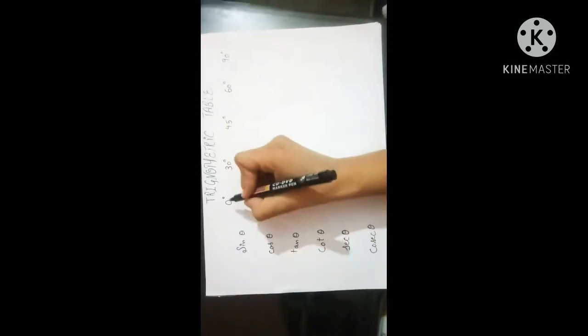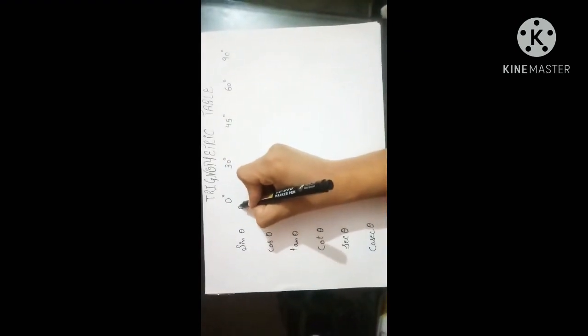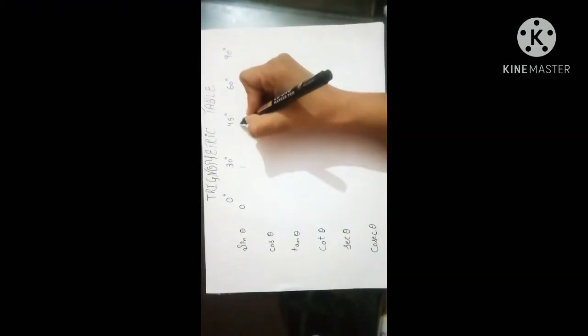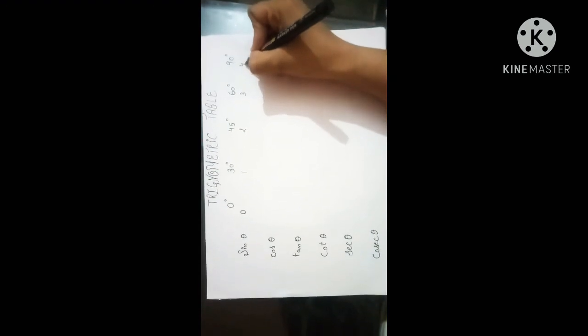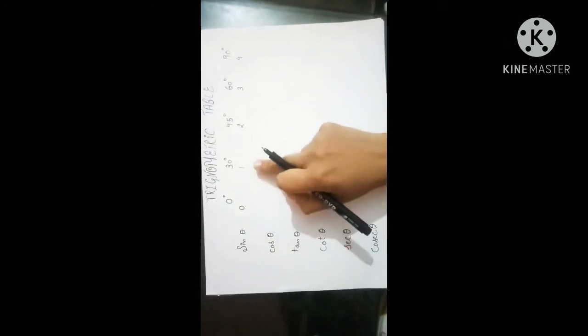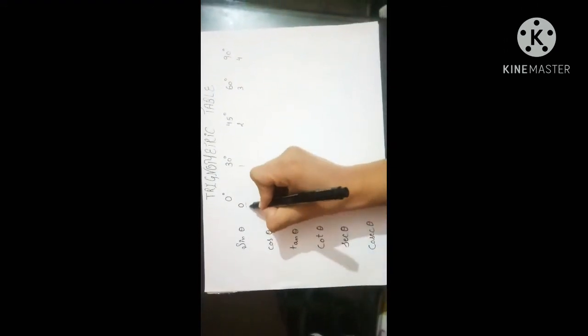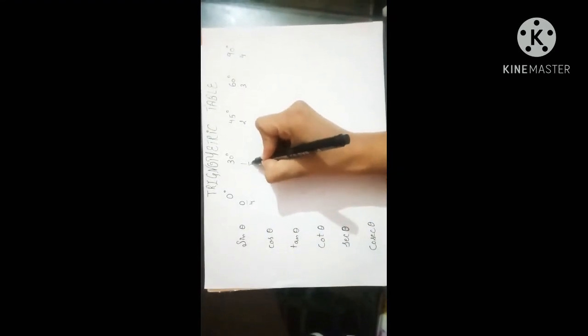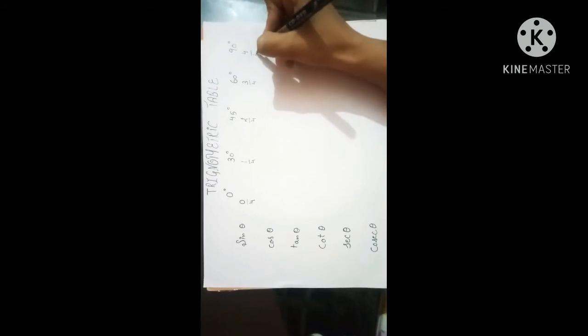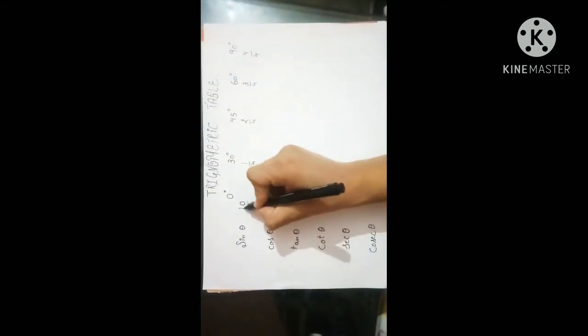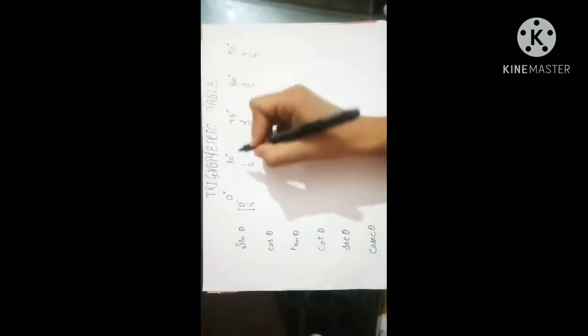Now, firstly, to start this table, you have to write 0, 1, 2, 3, 4 and divide each of them by 4, and take the square root of all these.